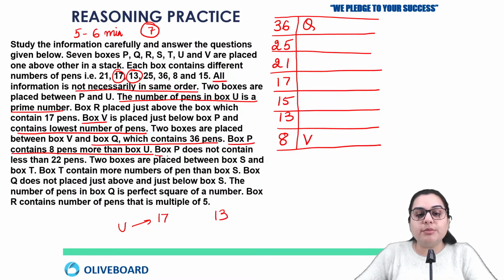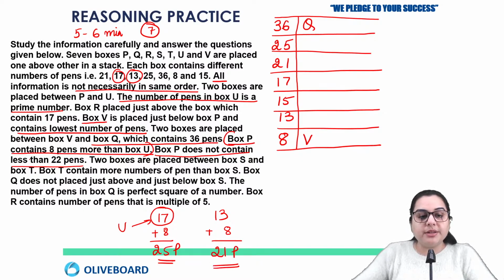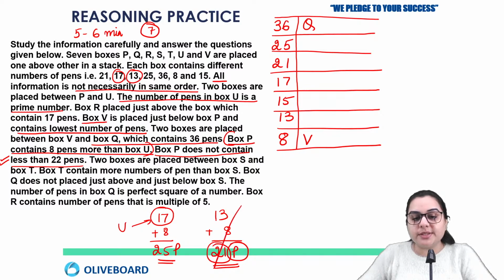Now we are told that box P does not contain less than 22 pens, and box P contains 8 pens more than U. If box U has 17 pens, then adding 8 gives 25 pens for P. If box U has 13 pens and I add 8, it will be 21 for box P. But box P does not contain less than 22 pens, so this case is wrong.